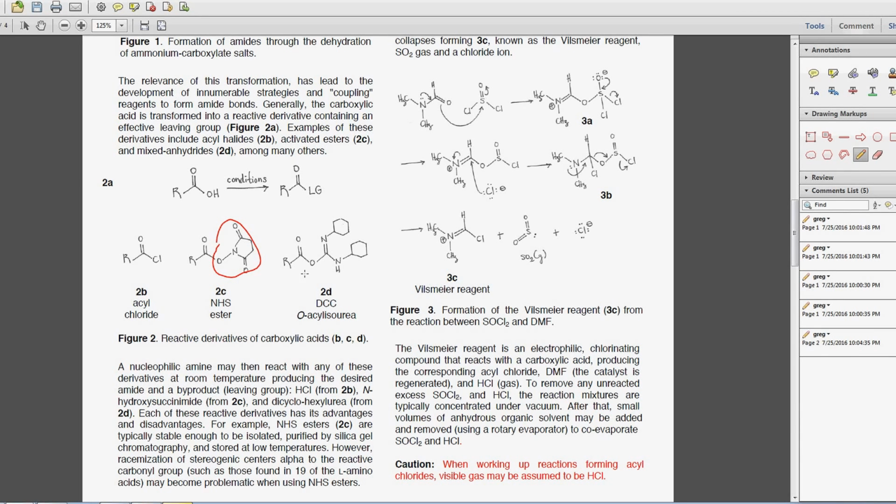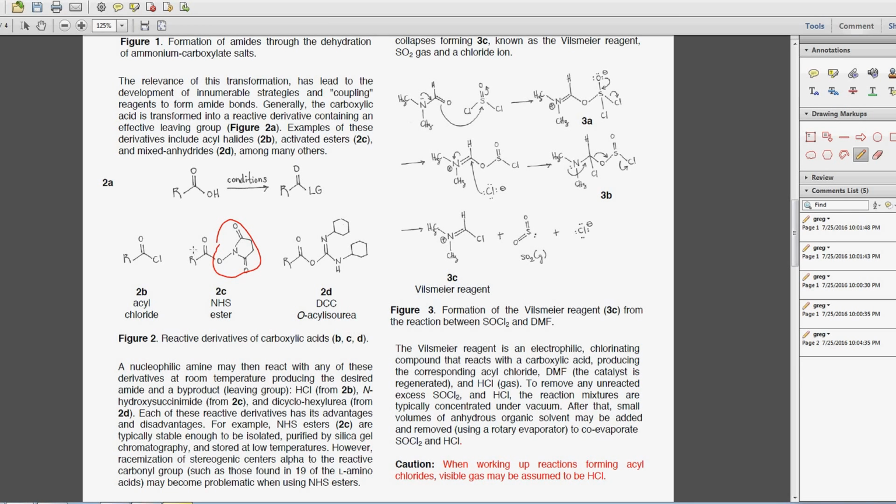And then the most common approach for making activated carboxylic acids is using something called a carbodiimide. The most popular of these is something called DCC. If you get to the peptide coupling reaction portion of your organic chemistry lecture course, you'll talk about peptide coupling reagents and DCC.